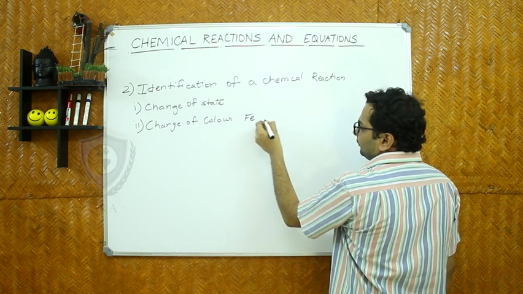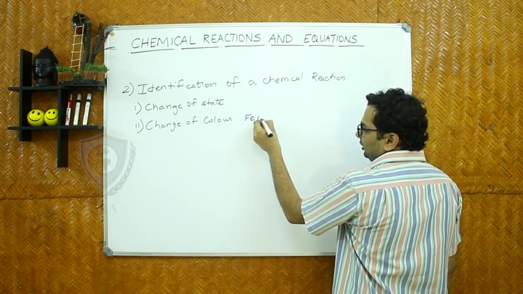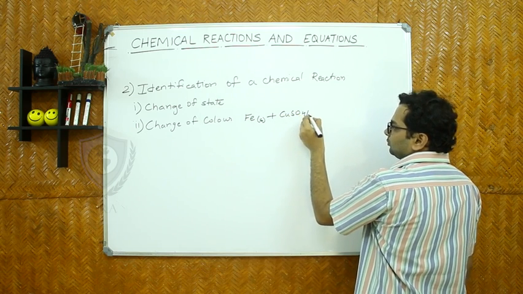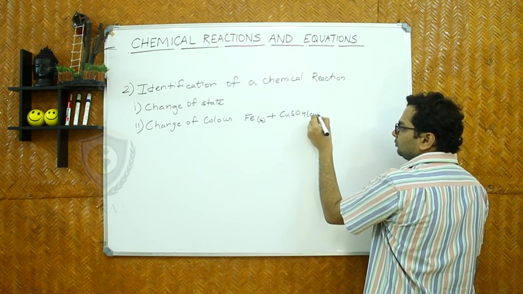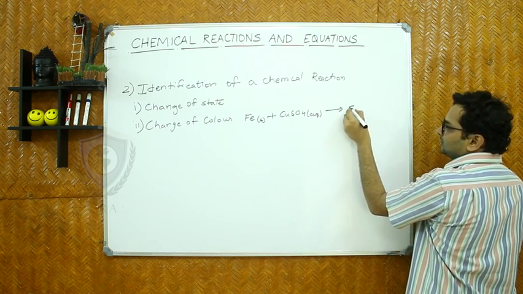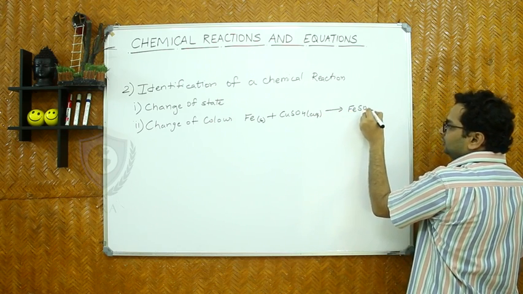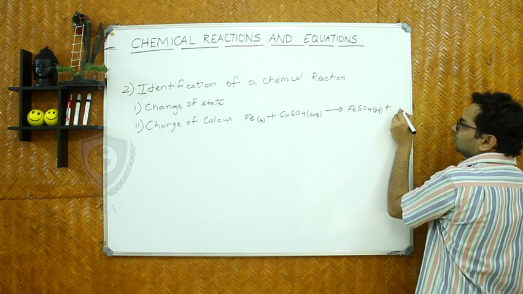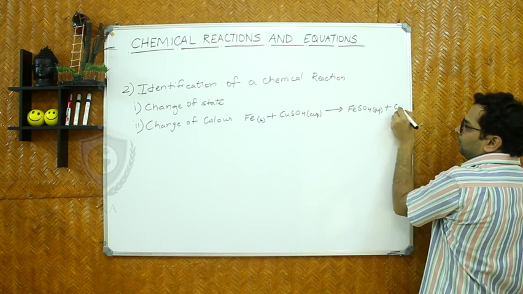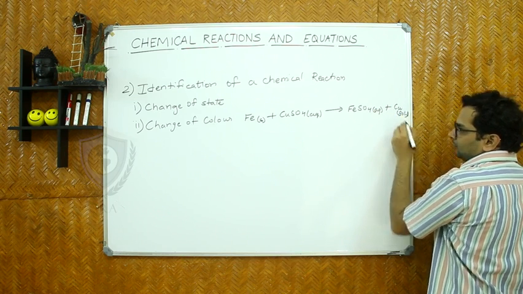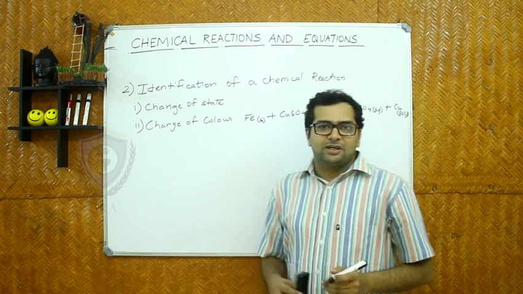Iron is Fe, which is solid, plus you put copper sulfate solution, which is aqueous or liquid. What happens here is it becomes iron sulfate, aqueous, plus copper solid. So what happens here?